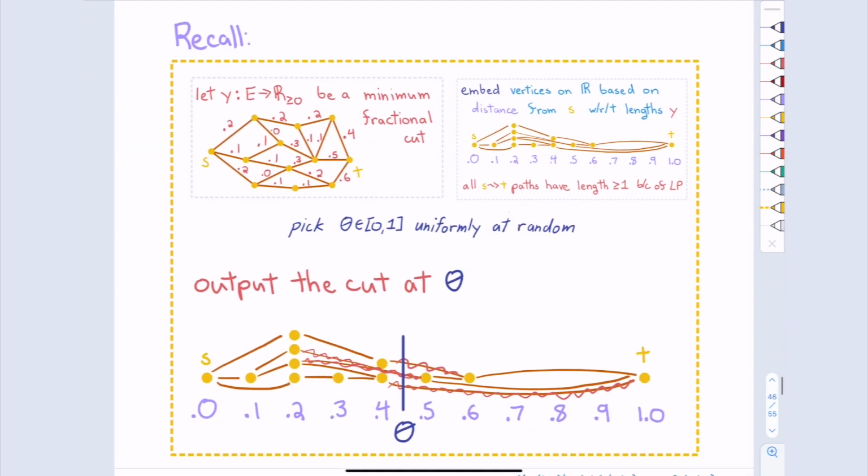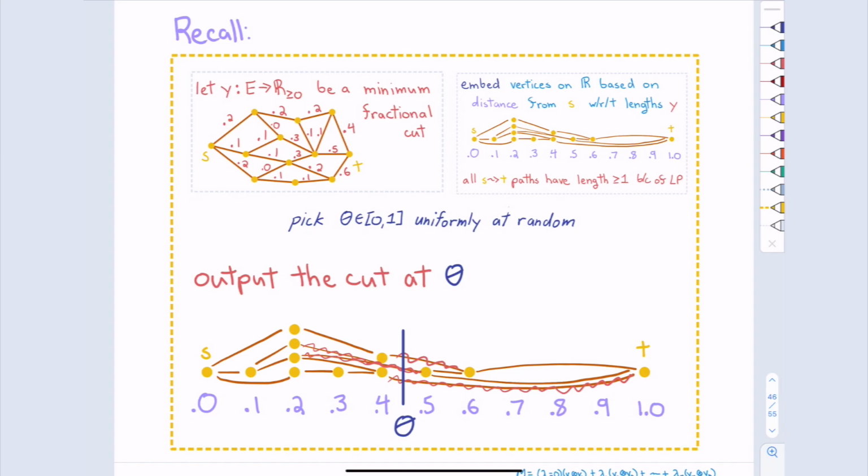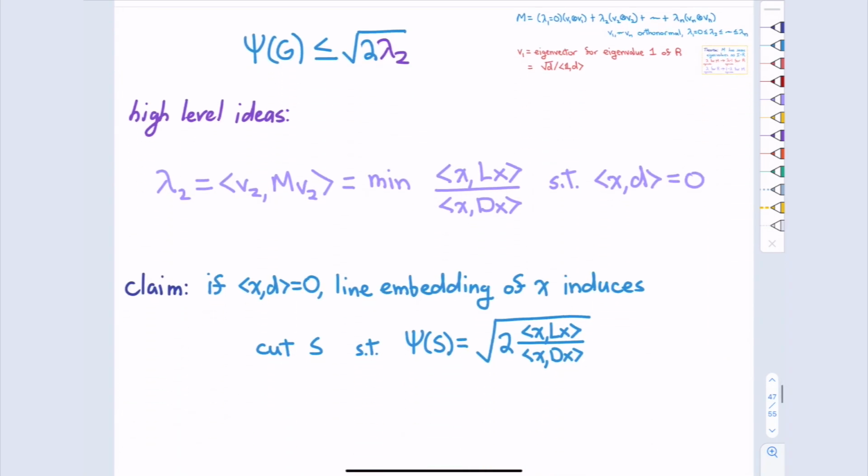Okay. Another situation this arose was when we did some line embeddings with flow and cut problems. So we could interpret x as a line embedding, and that's what we're going to do. We're going to treat x as a line embedding, sweep over it, and the claim is that you can find some cut relative to this ratio for x, which for our particular x will give you lambda 2.